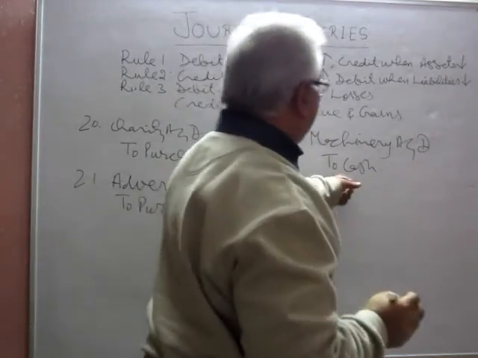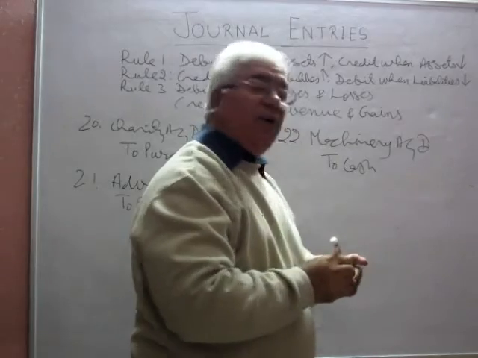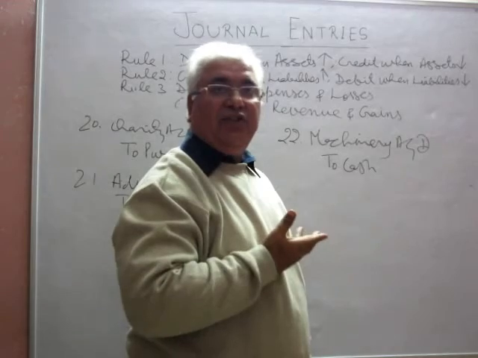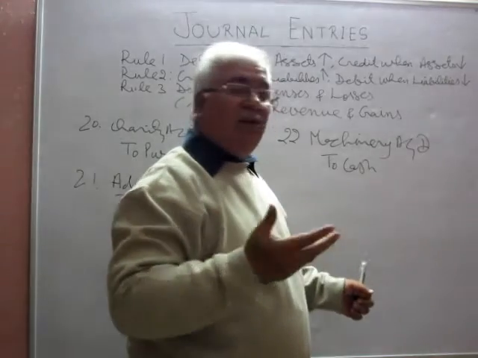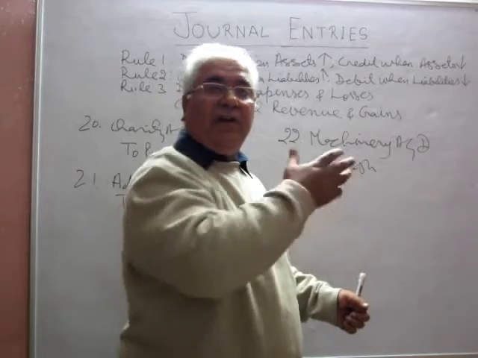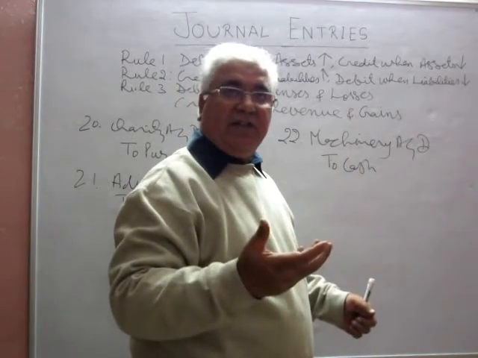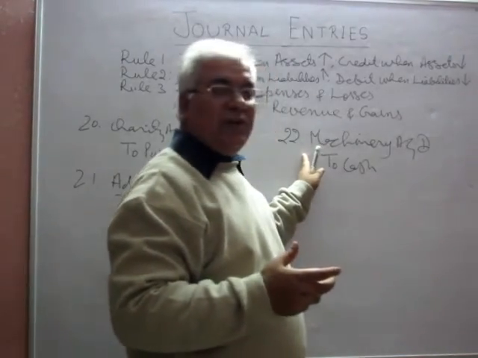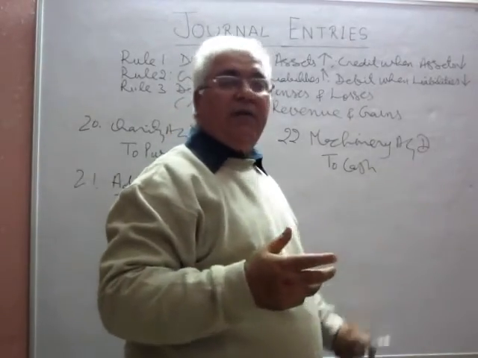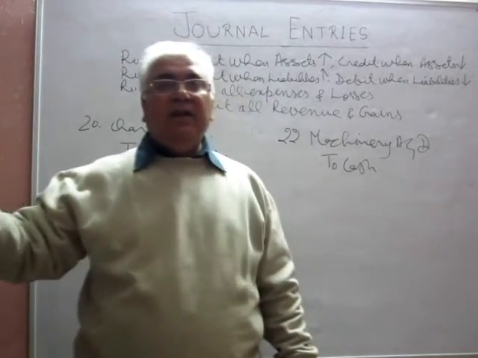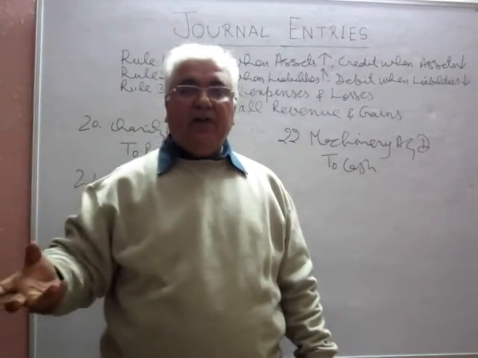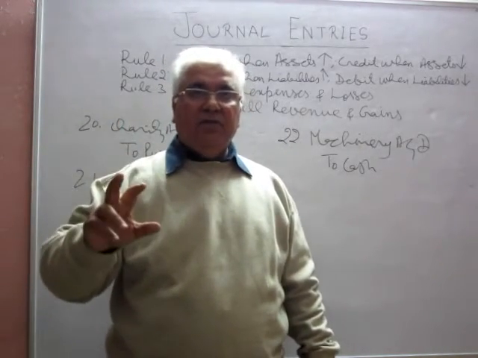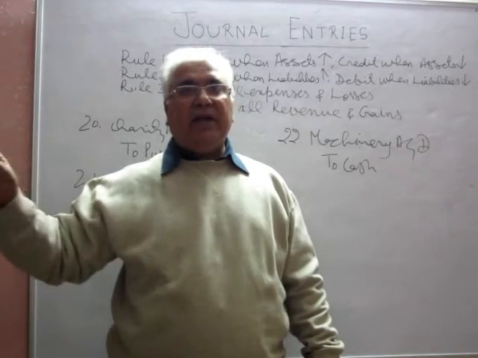Now this cash you might have paid for buying the machinery, or for paying for freight, taxes, insurance, etc., and all the expenses which you paid for its installation, maybe wages, etc. Whatever you paid for it should be debited to machinery account. Okay. Similarly, if you have set up a small shed in your factory, all those expenses which you have spent on that will all be debited to building account and not to the respective heads.